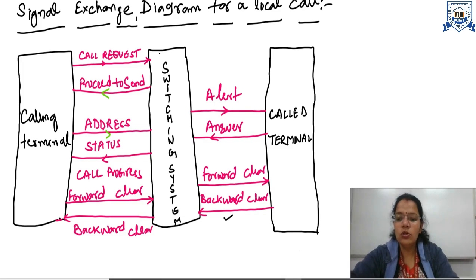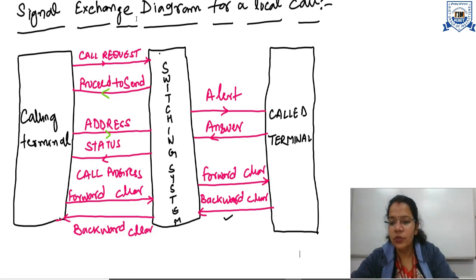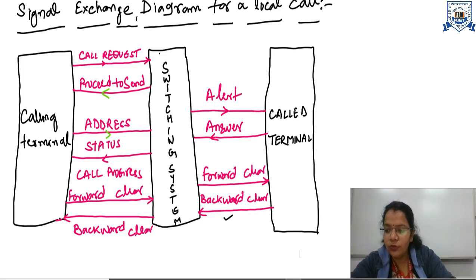Okay, so in a network of electromechanical exchanges, signals between exchanges are sent over the same inter-exchange circuits as the call to which they relate. This is called channel associated signaling. In a network of stored program control exchanges, inter-exchange signals are generated by the processor in one exchange and acted upon by the processor in the other.